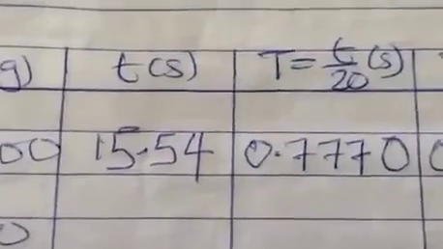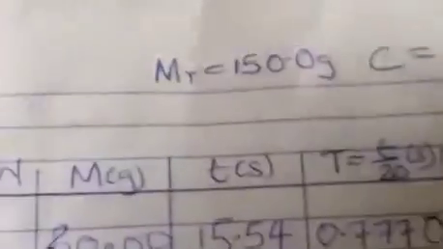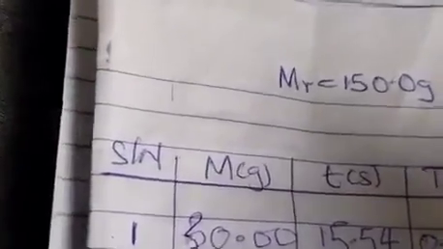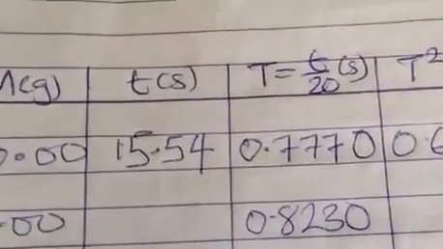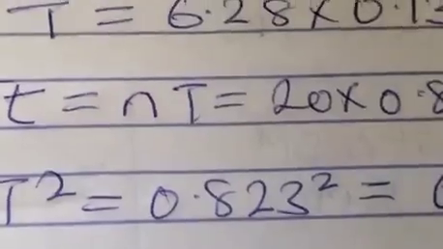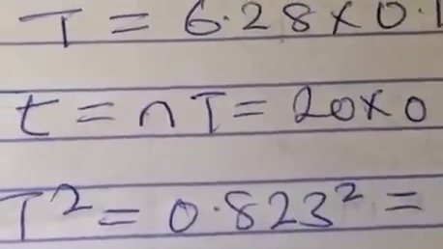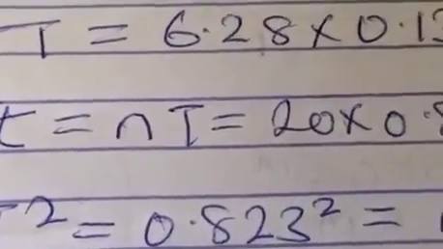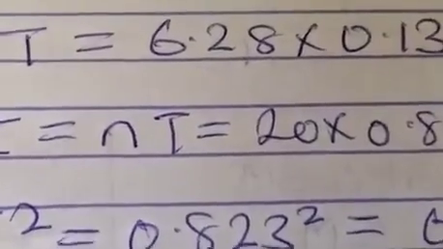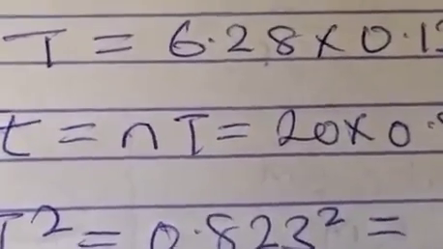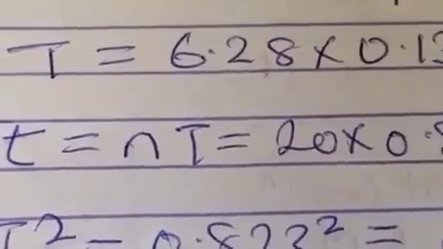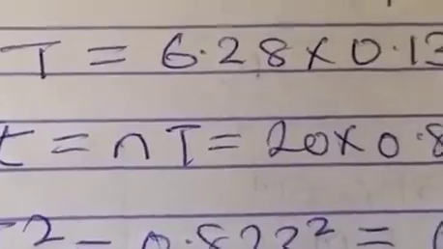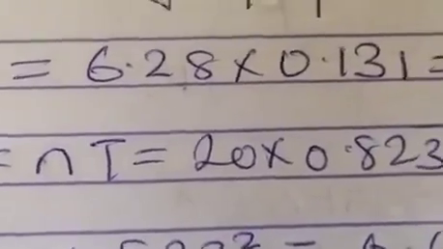So let's report our work. Go to the period column and report capital T as 0.8230 to 4 SF. Now let's find our small t. Our small t is the number of oscillations times capital T. You have to read the question very well and know whether you're asked to do it for 20 oscillations or 10 oscillations before you start using n as 20.